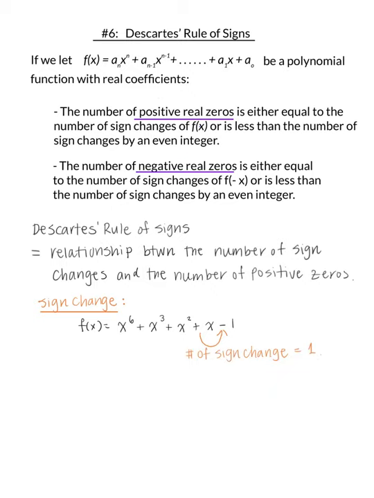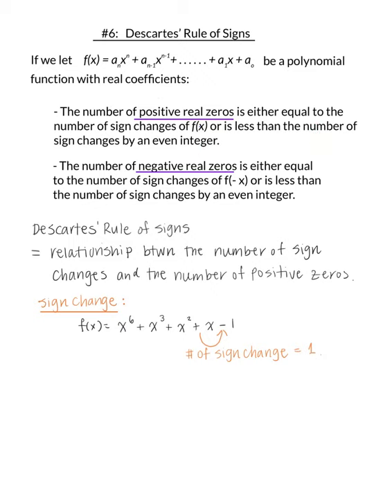Now let's read Descartes' rule of signs. It says that the number of positive real zeros is either equal to the number of sign changes of f of x. Here our number of sign changes is 1, so it's possible that we have just one positive real zero. Or it says, or is less than the number of sign changes by an even integer.